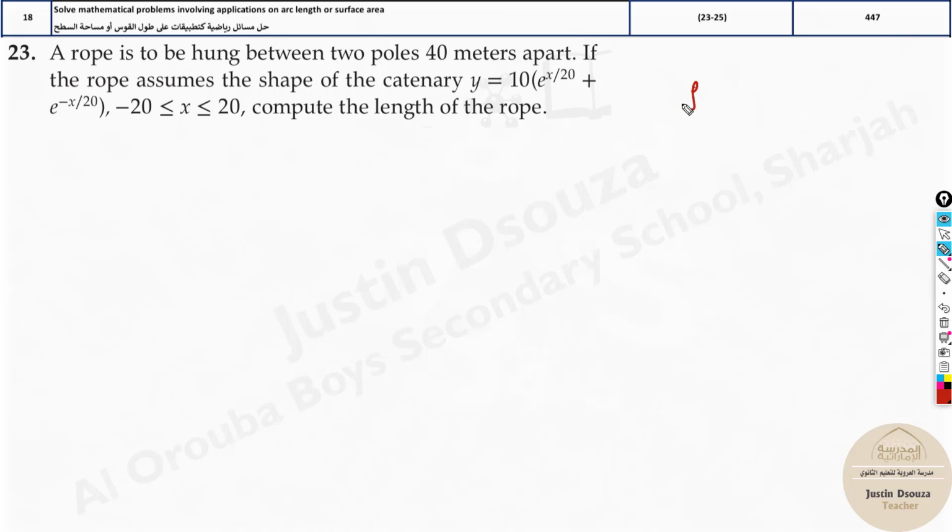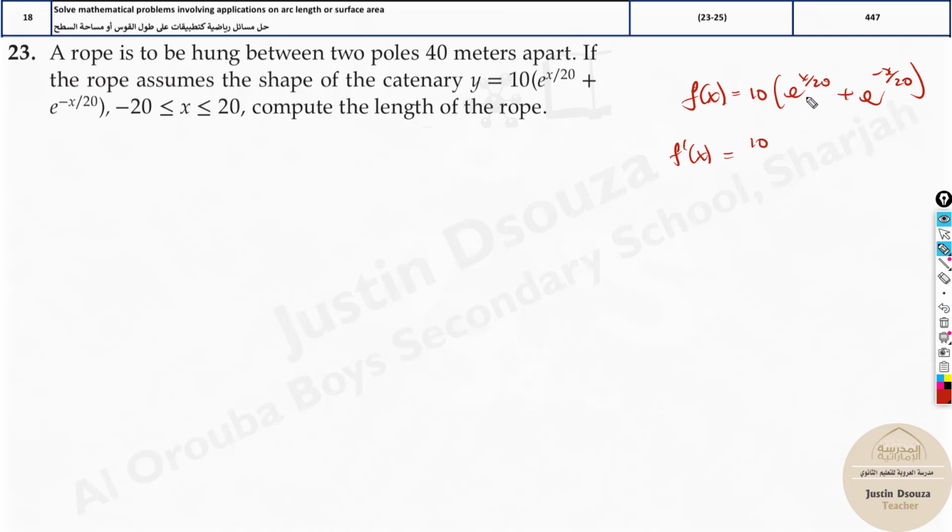You can write it as y or function of x, f of x is the same thing. 10 into e to the power x by 20 plus e to the power minus x by 20. Now when I derive it, I'm going to do it directly. Okay, let me just do it in steps.